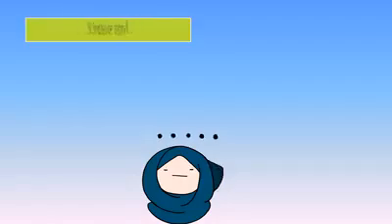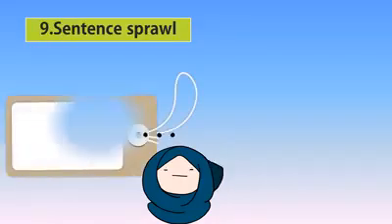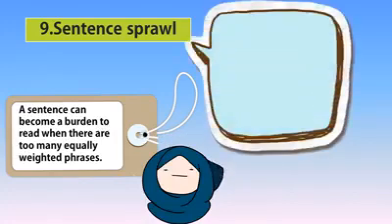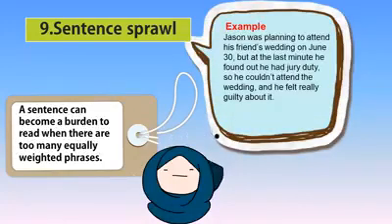Nine. Sentence sprawl. A sentence can become a burden to read when there are too many equally weighted phrases. Example: Jason was planning to attend his friend's wedding on June 30, but at the last minute he found out he had jury duty, so he couldn't attend the wedding, and he felt really guilty about it.